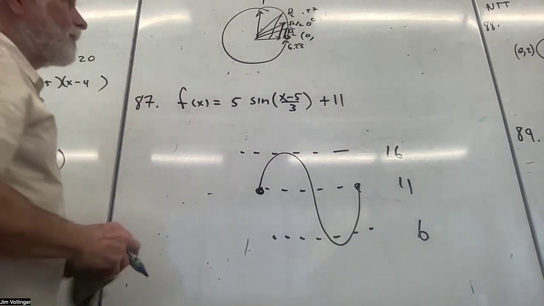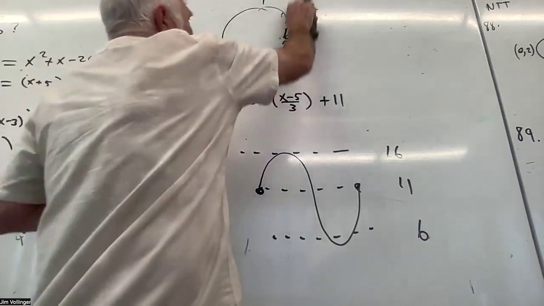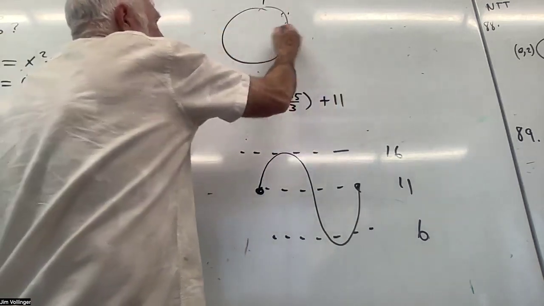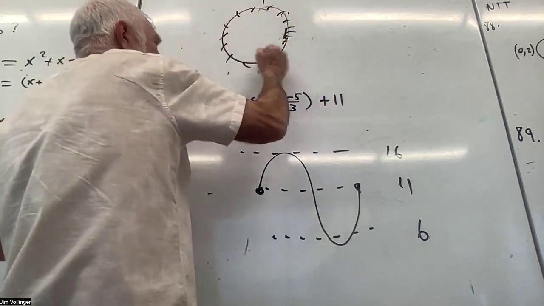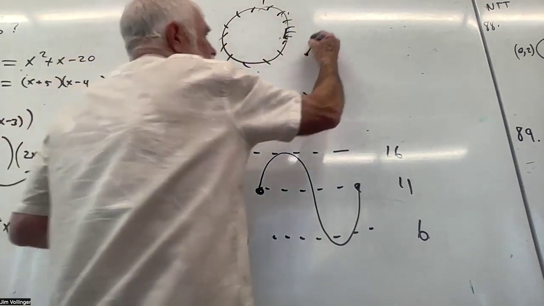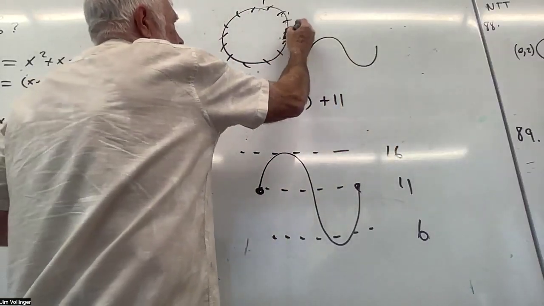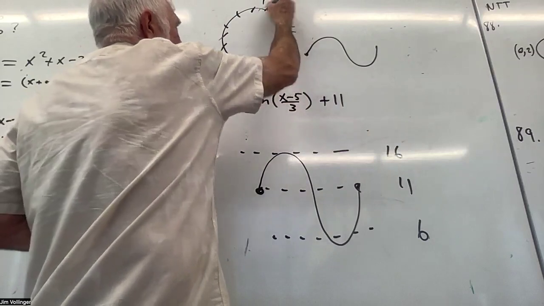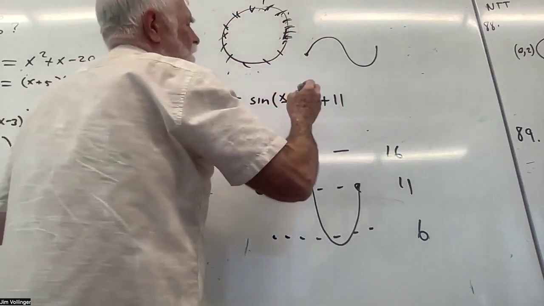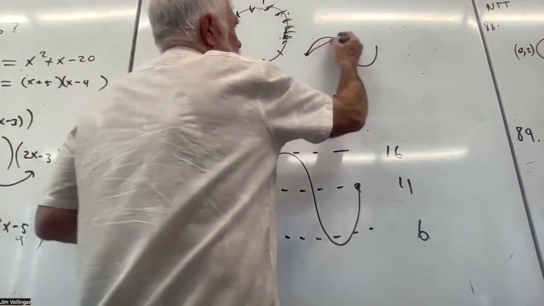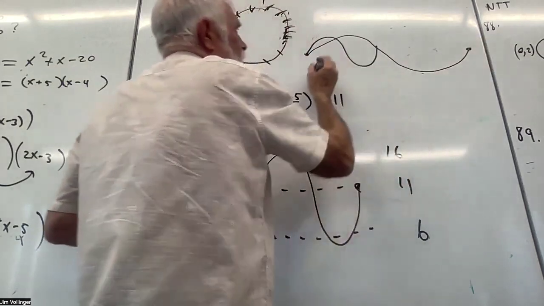Now, if you walk around the circle at a certain rate, you're going to get something that looks like that. If I walk around like this, I'm going to get something that looks like this. And those have periods.